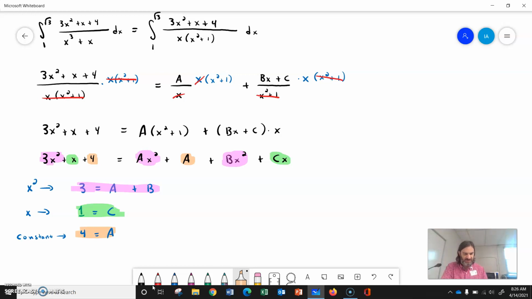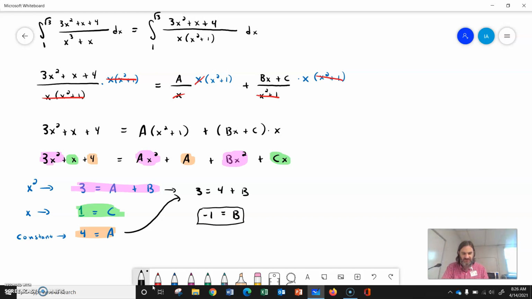We know C is 1, A is 4, and if I take the fact that A is 4 back up to my 3 equals A plus B, that's 3 equals 4 plus B, then I'll have B equals -1.